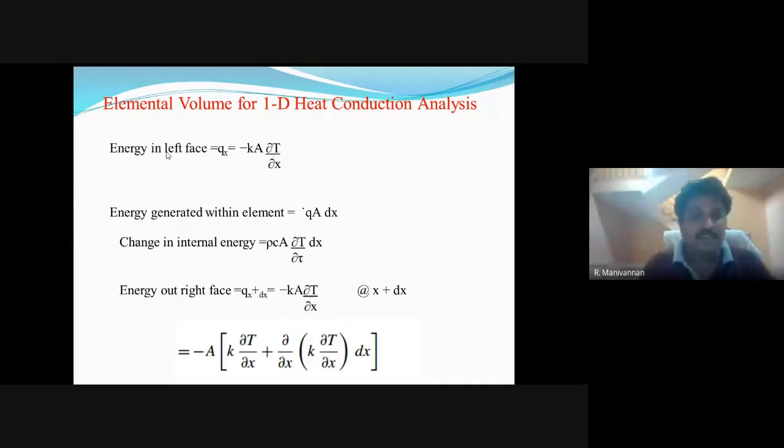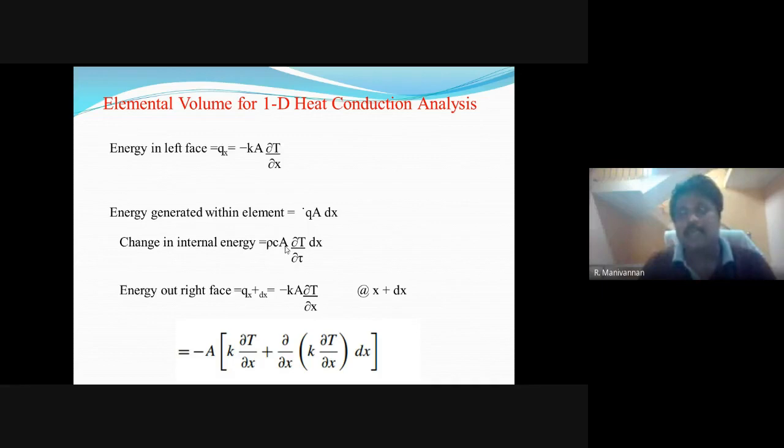So the energy conducted in at the left face is qx, which is minus kA into dou T by dou x. Now the second term, the rate of energy generated within the element, is given by q dot into A into dx. This is nothing but the q gen. Then the third term is the rate of change in the energy, or the rate of accumulation of energy.